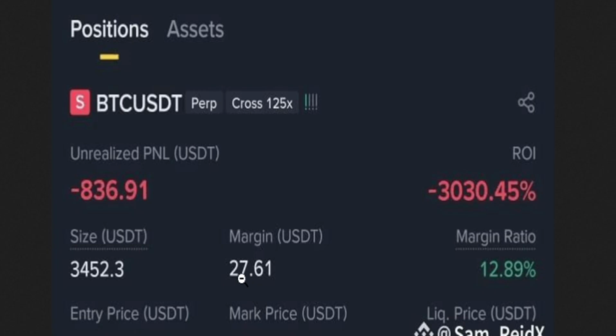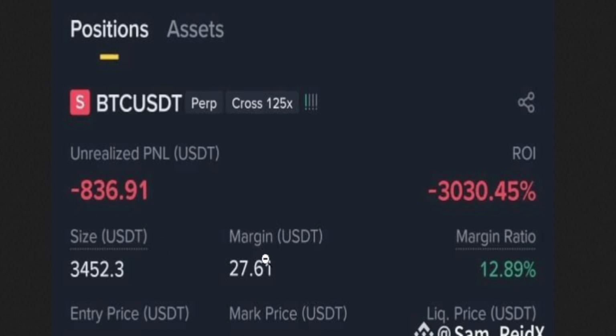Now, do the math yourself, guys. If you wanted to short BTC, which you would even have been making profit with at 125x leverage, if you had split the 800 into $27 margins, meaning this person can afford to lose $27 without crying, right?